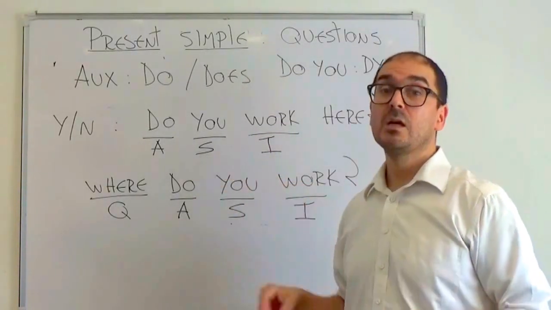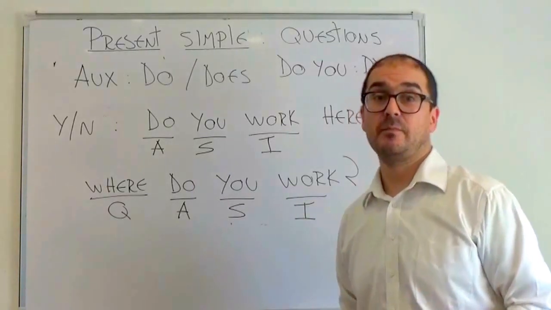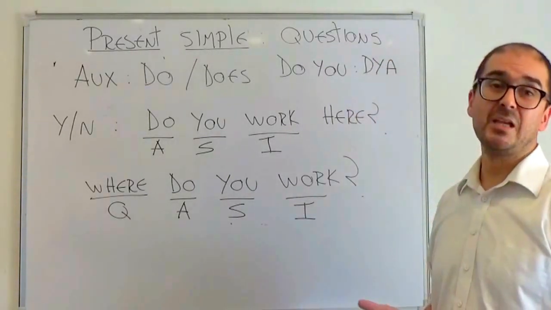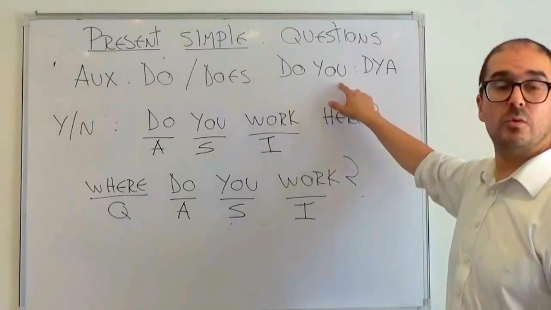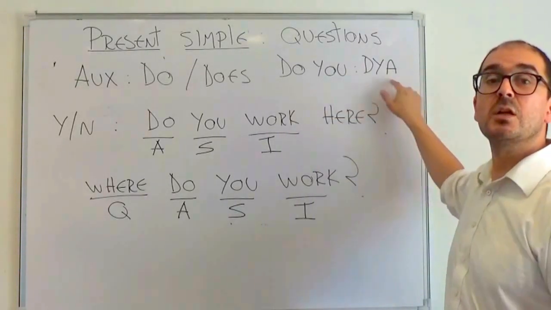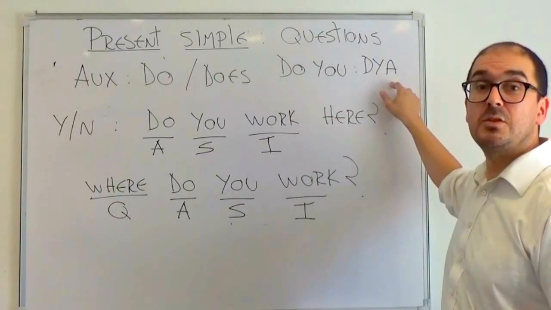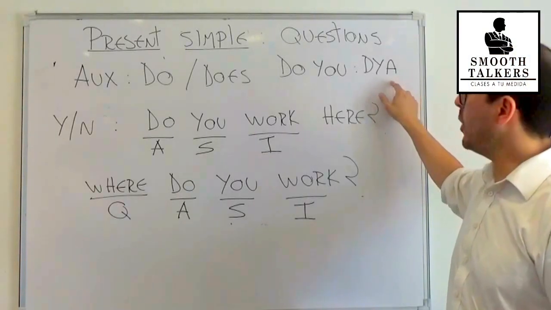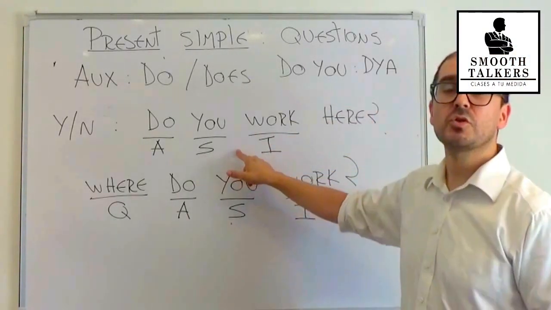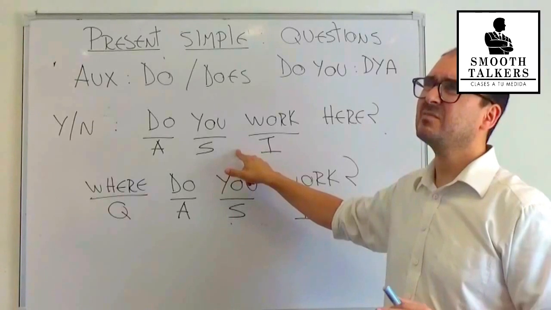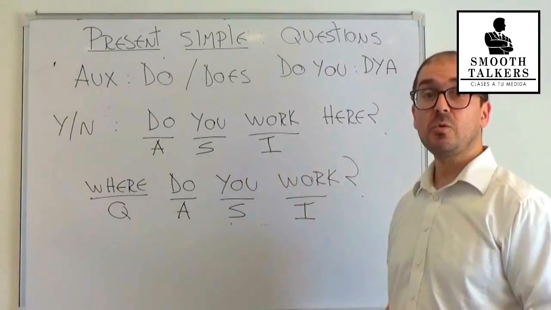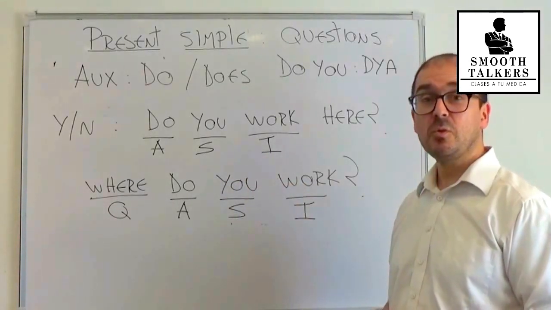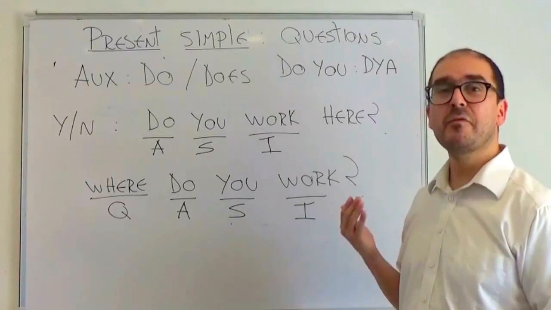Okay? Small note about pronunciation. If you ever go to England, "do you" is commonly pronounced as "dya." So questions like this are going to sound something like this. Do you work here? Do you work here? So it's very fast.